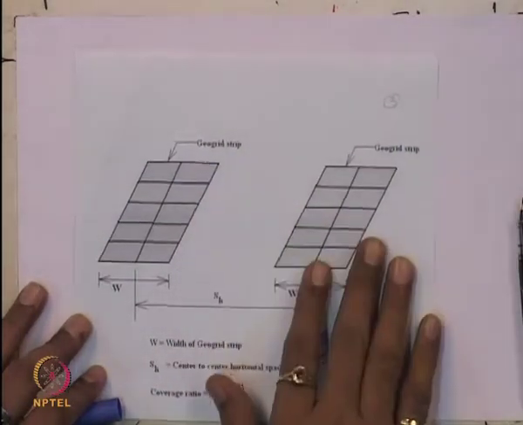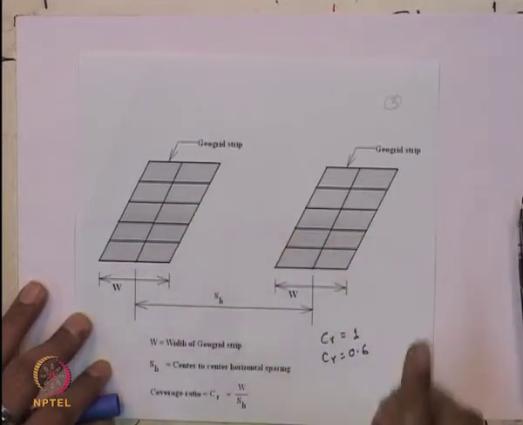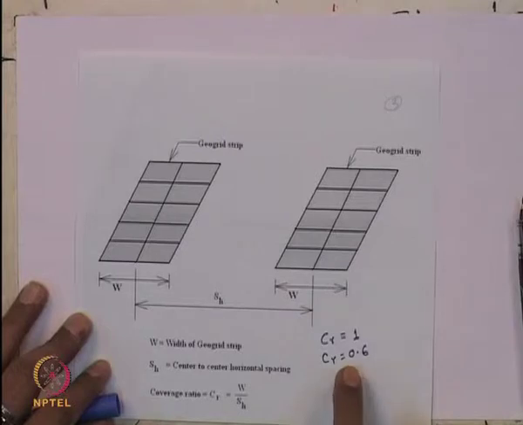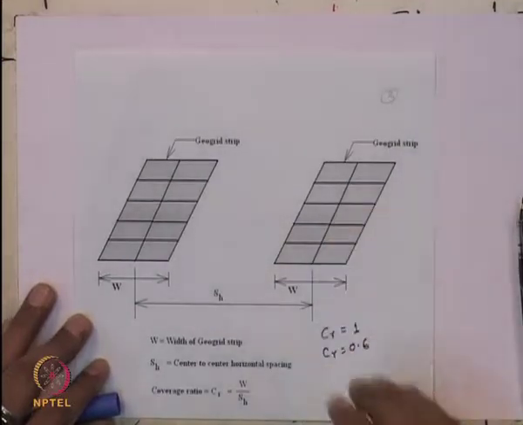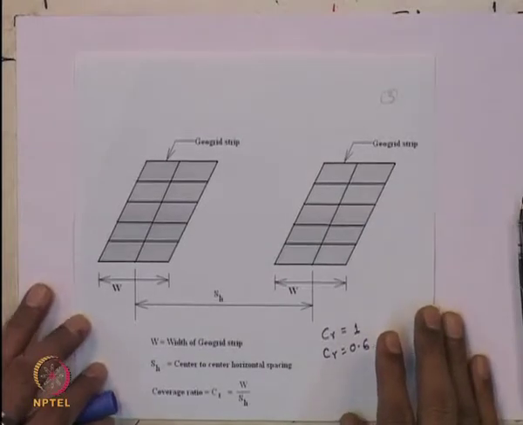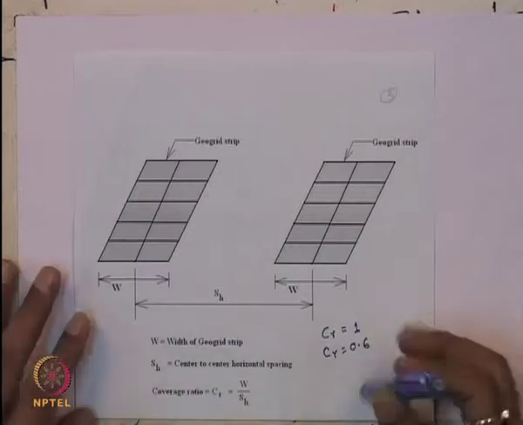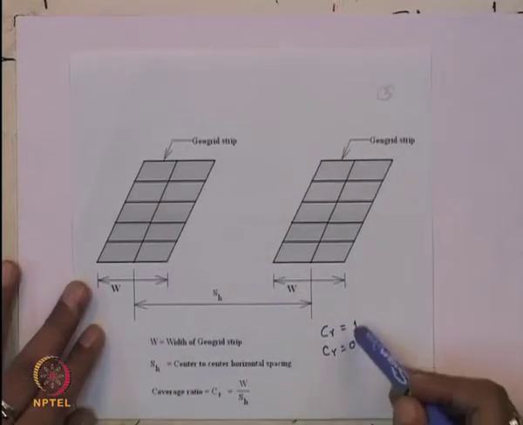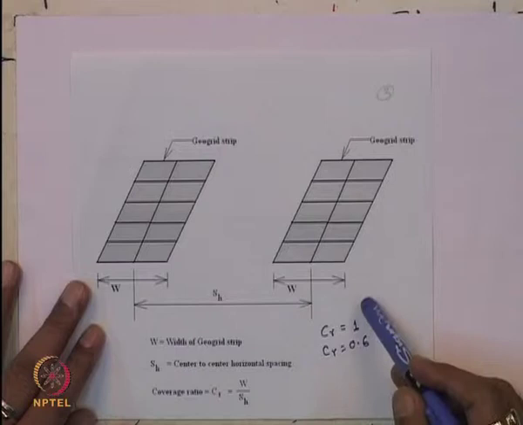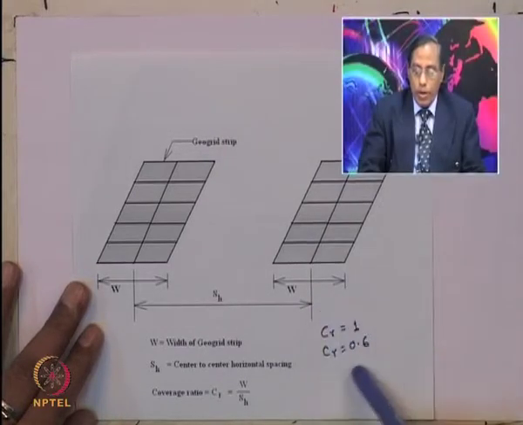So you can reduce the quantity of the geogrid when you are using this coverage ratio, and you can save the amount of geogrid material. This coverage ratio is very important when we put some examples. So when we design this, we will consider this coverage ratio CR.